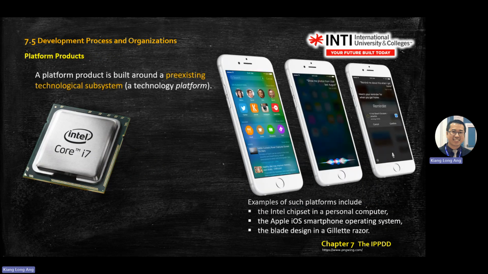So for example, this one, platform products. Platform products are very linked to technology. Platform products are built around a pre-existing technology subsystem. So for example, the Intel Core processor, they build from one generation to another generation, right?